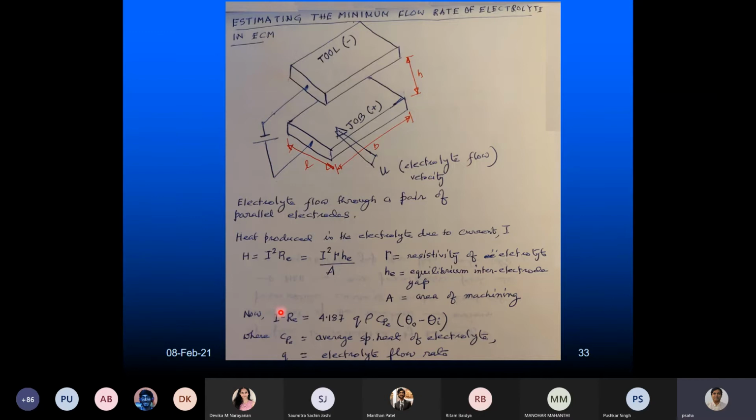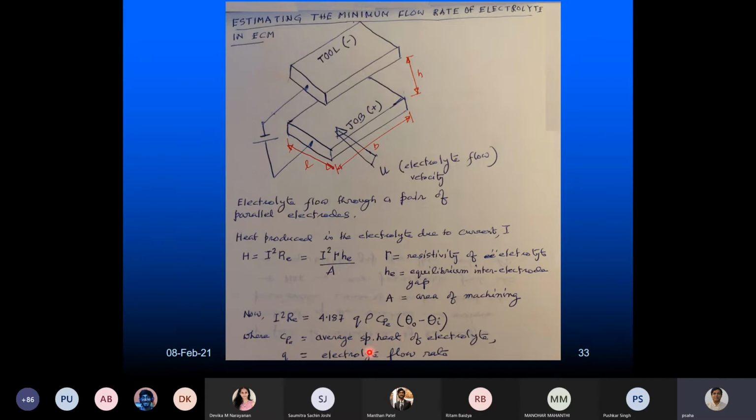So I square R, converting calories to joules with the factor 4.187, equals Q into Cp into theta O minus theta I. Theta O is the outlet temperature, not zero, and theta I is the inlet temperature.